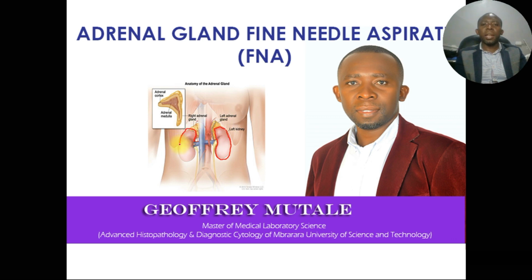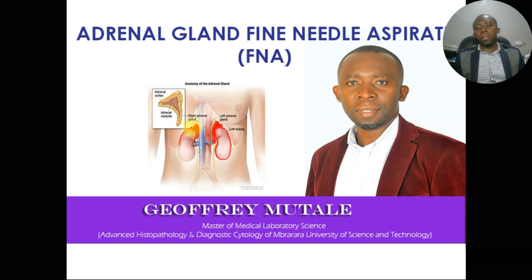On top of each kidney we have the adrenal gland. This is the adrenal gland I'm painting red, and this side is also the adrenal gland, which was appearing yellow formerly before I painted it red.